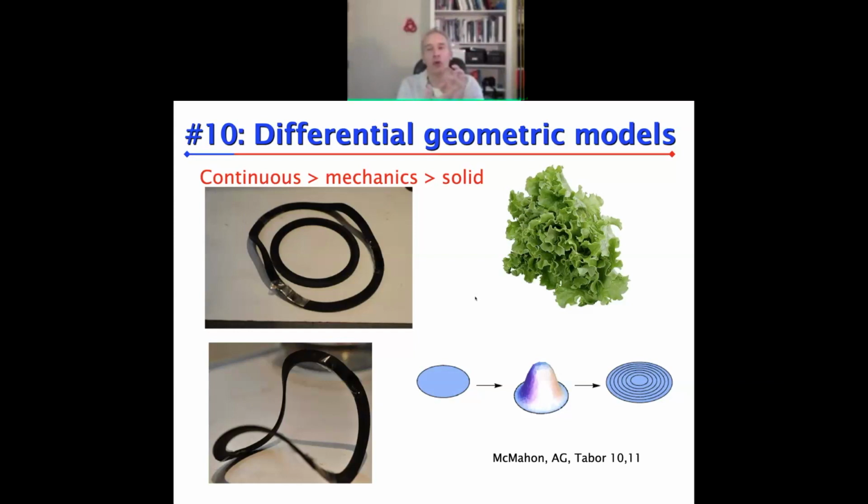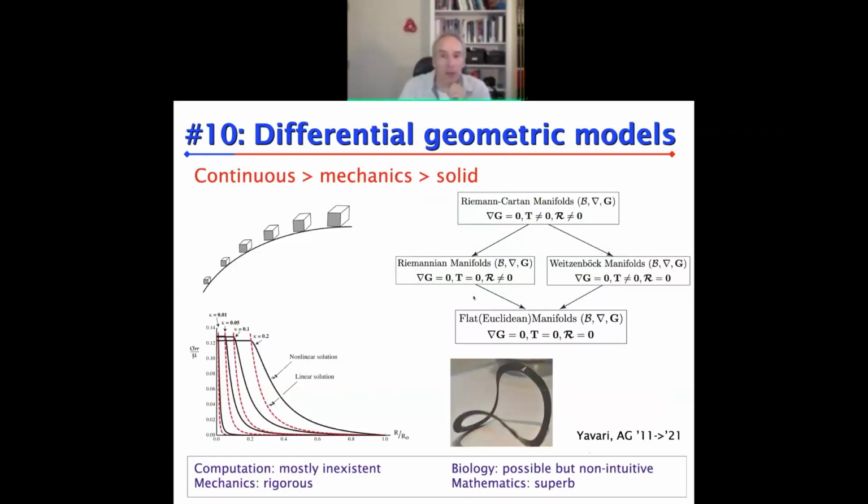And the current configuration, the one that you actually observe, is a mapping from this manifold into the Euclidean world. And what we've shown over the years with Arash, we've worked a lot on that for the last 10 years, is that indeed you can, if you look in differential geometry of manifold, you can show a strict equivalence between the idea of growth and the idea of curvature and torsion.